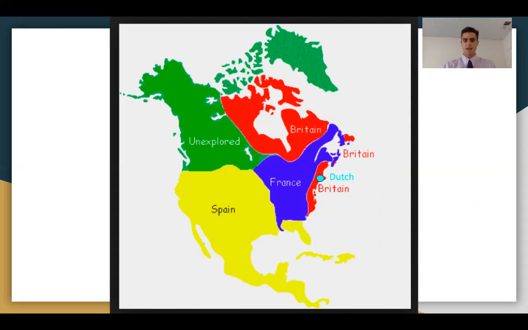We also have Spain, who, as you'll remember, got to the Americas first, and so they conquered all of this in yellow, but also all of South America as well. And then finally, there's the little light blue dot right there, which is where the Dutch settled. 4 countries. This is the territory that they ended up taking over.